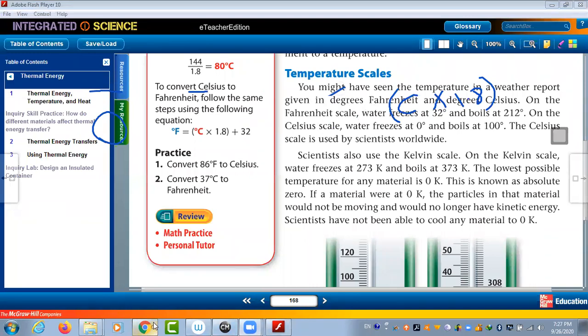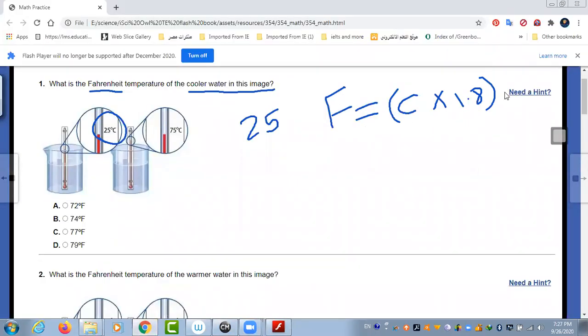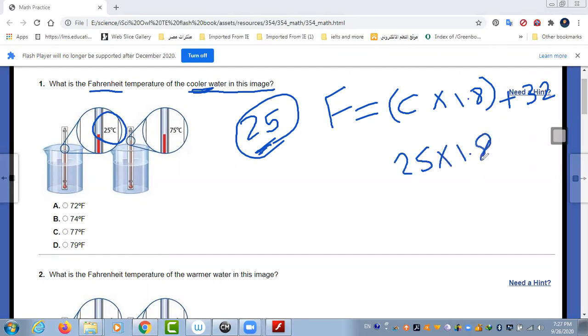So Fahrenheit equals Celsius times 1.8 plus 32. What is the Celsius given in the question? It is 25, because it said the cooler water. So you put 25 times 1.8, then add 32 to your answer, and don't forget to put your degree in Fahrenheit.